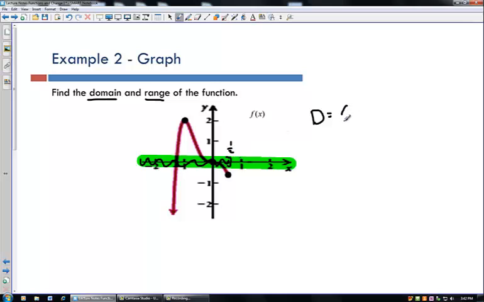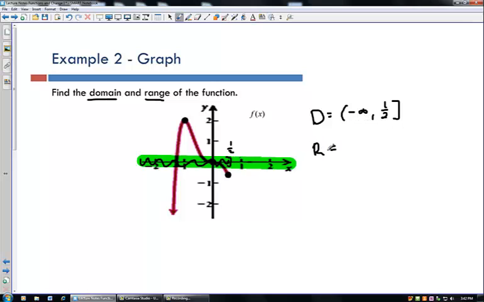So my domain would be the interval from -infinity to 1/2. And we're going to use a closed bracket, and the closed bracket says we include 1/2 here. So these are my possible inputs.